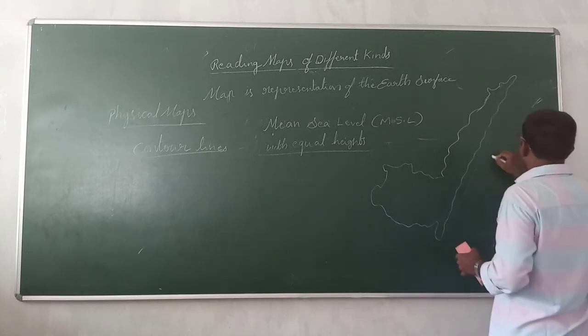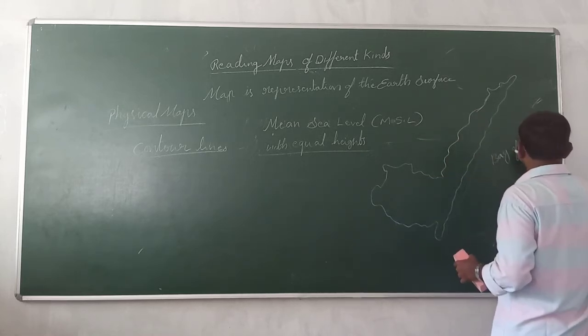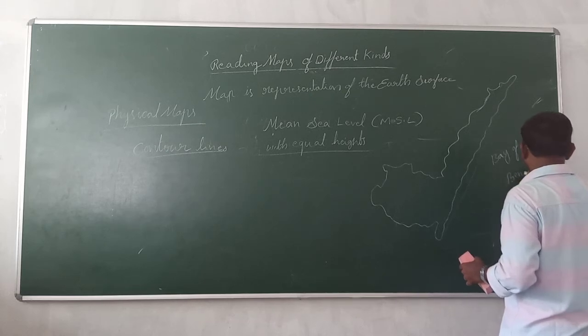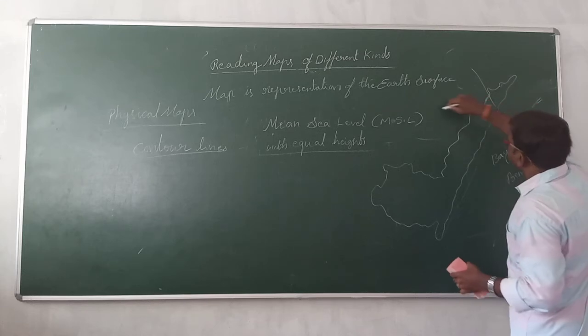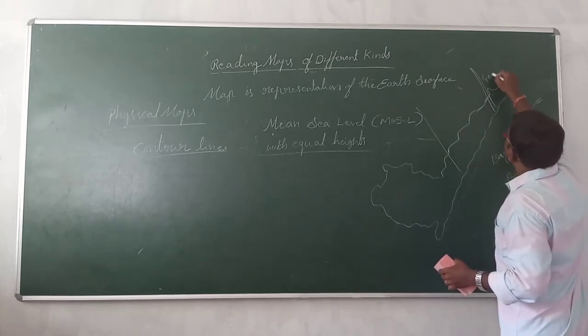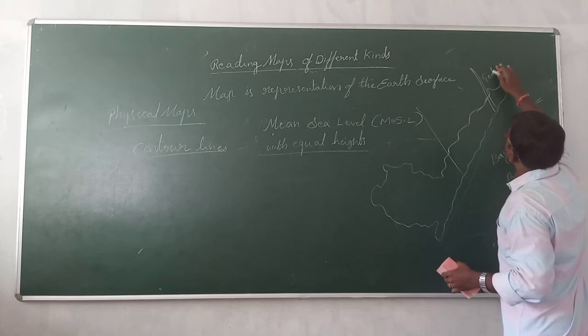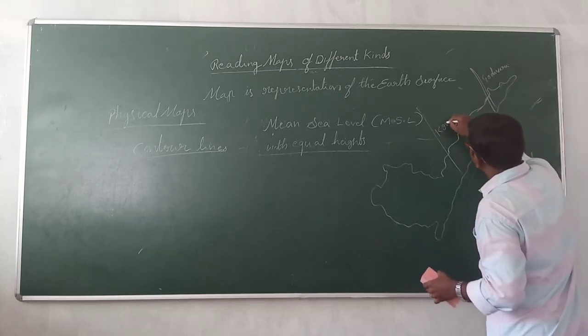This is totally the Bay of Bengal. Here some rivers appear, one river, two rivers. This is the river Godavari. Here is the river Krishna.